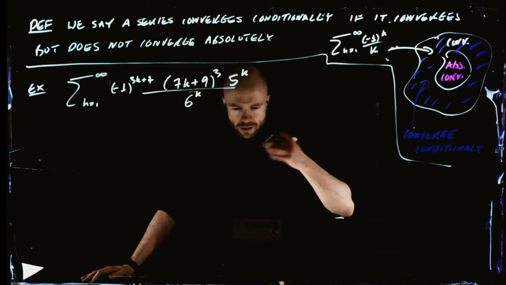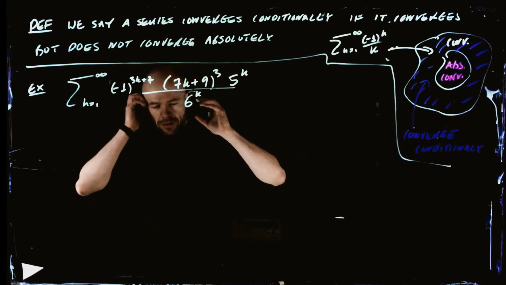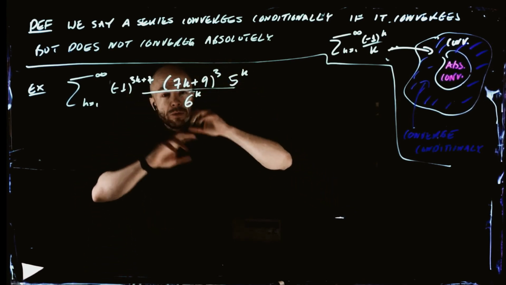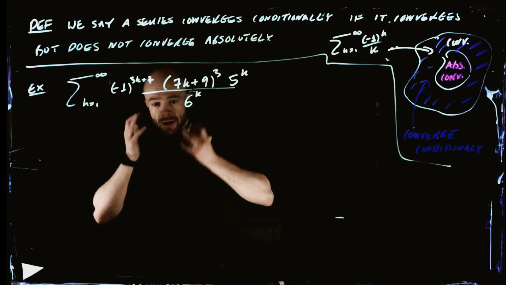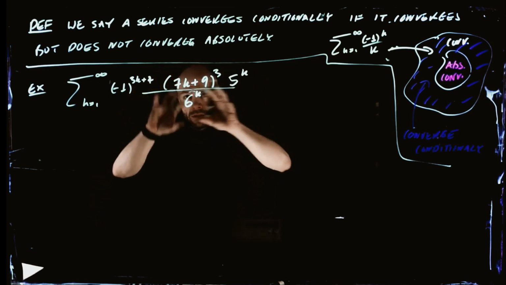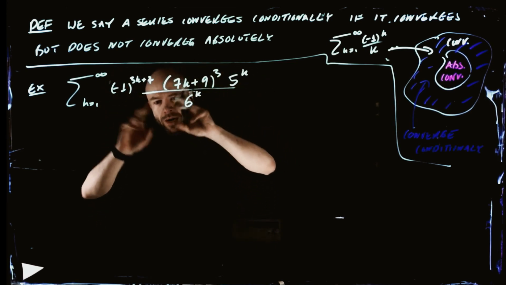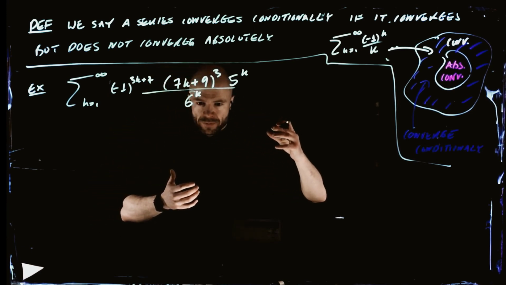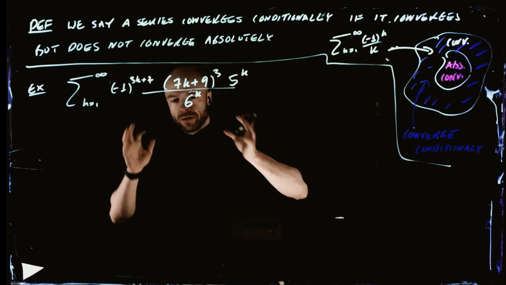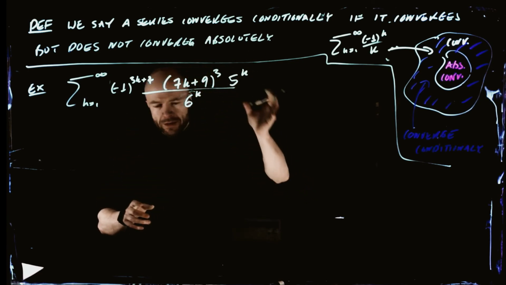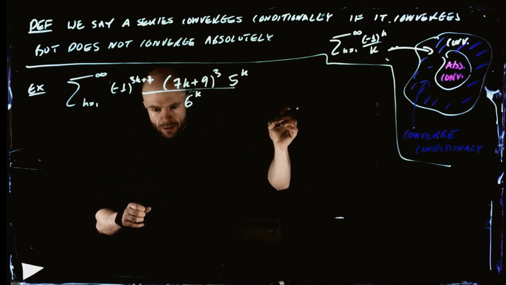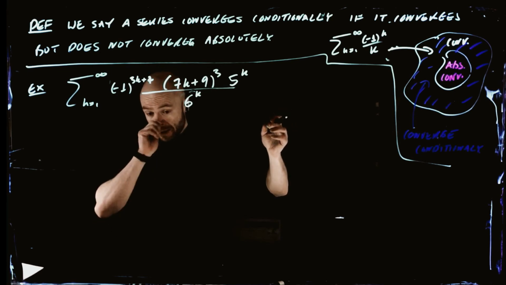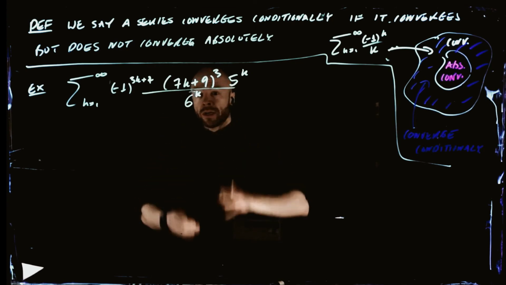So what you're saying is that because you're noticing the most important terms are the exponential terms, this thing, despite its other complexity, at its bones looks like basically a geometric series. And if we take the absolute value, it's going to be basically a geometric series 5 over 6 to the k. Therefore, a geometric series that converges. And that's what's going on here.